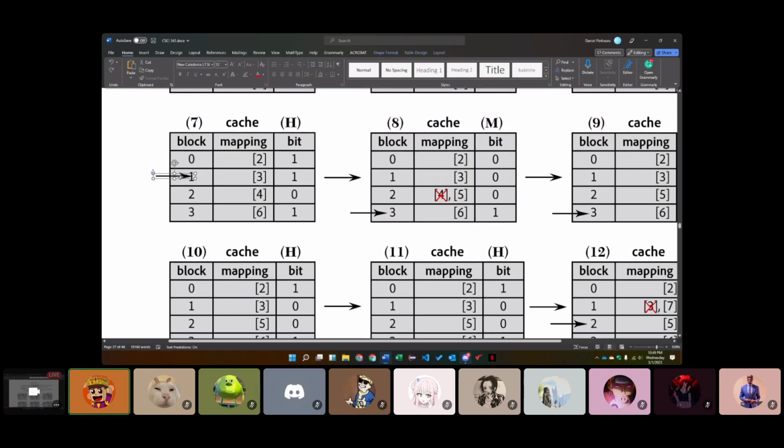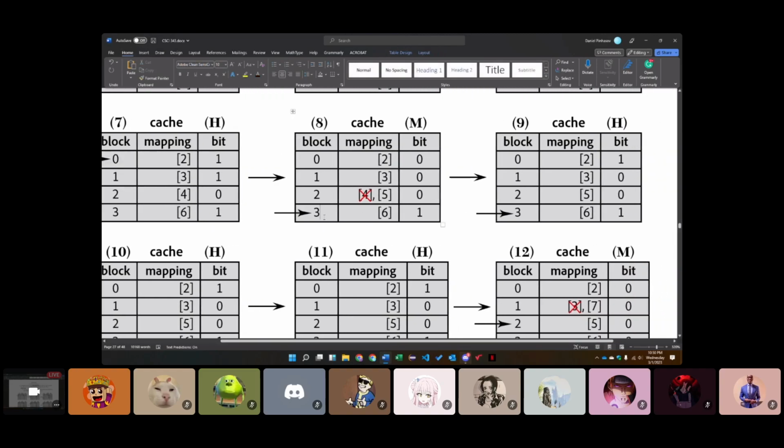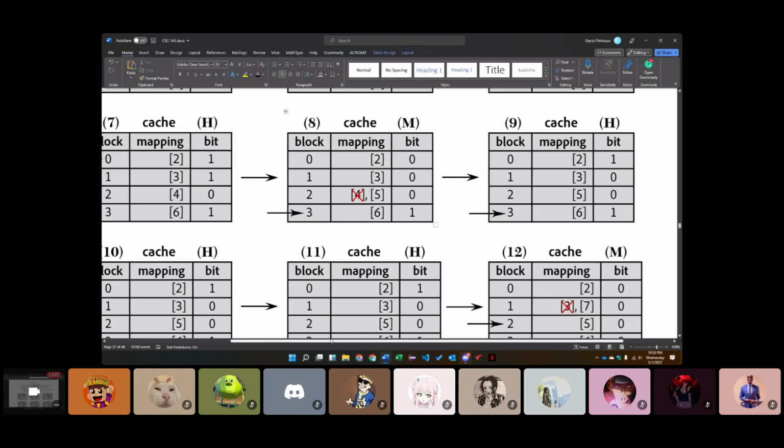Checks 1. 1 has a bit, so that bit turns to a 0, and then it keeps going until it finds a 0. This one doesn't have a second chance bit, it's a 0. So then this one gets replaced. 5 replaces 4. And then our clock hand ends up in the next location, which is 3, right here. And the clock hand doesn't move unless there's another miss.